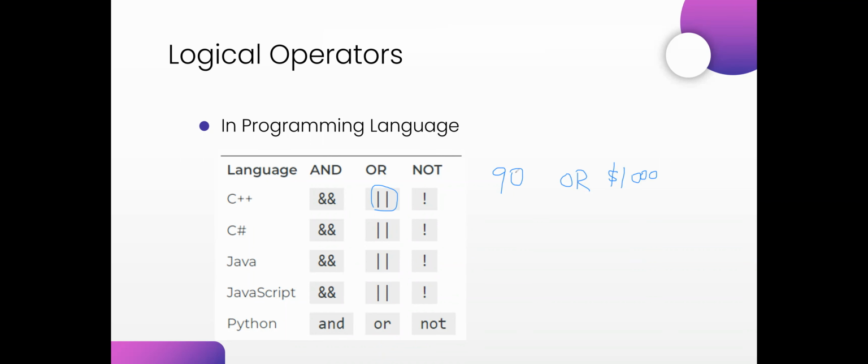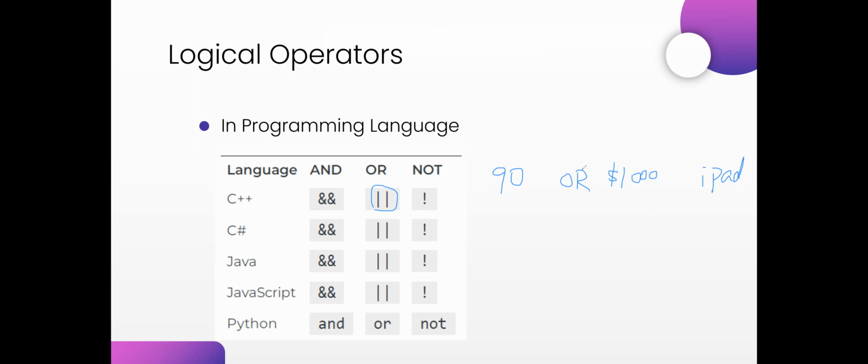If you can get above 90 in your final exam, or you can earn $1,000 at McDonald's, your parents are going to give you an iPad. Okay, so this is the condition.